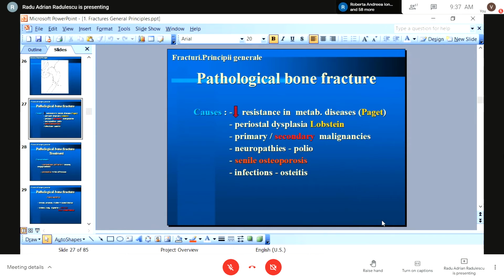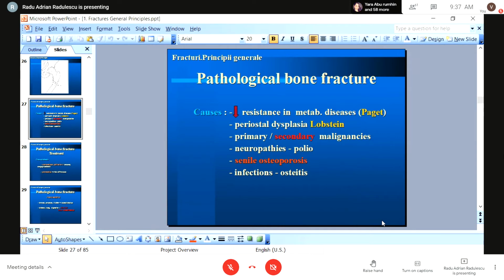The Paget disease is a metabolical condition of the skeleton when, due to some metabolical changes in the bone structure, I won't go into details, then the resistance of the bone, so the mineral substance of the bone, which usually is responsible for the mechanical resistance of the bone, is diminished, and that's why those persons may easier get fractures.